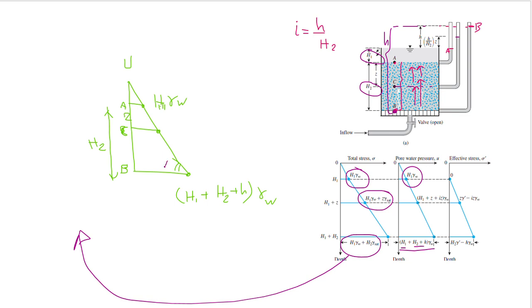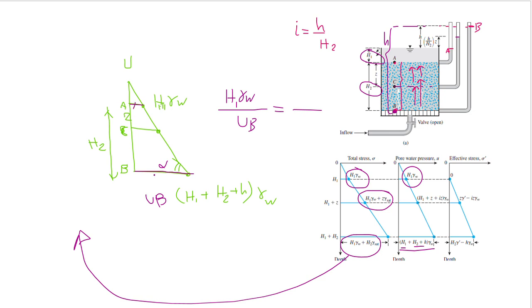So if we say that this is alpha, tangent alpha is, from the mathematics, this value divided by that value, I mean h1 gamma water divided by that value. Let's say U at point B, I don't write it, so you can write it later.